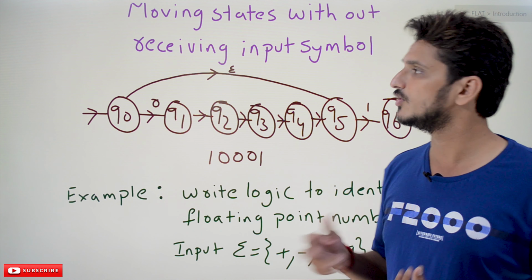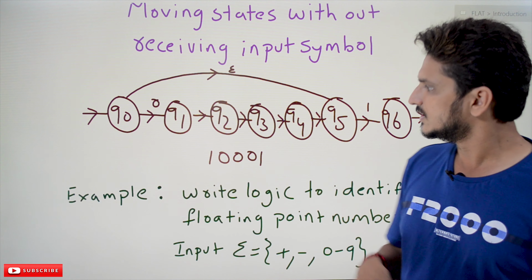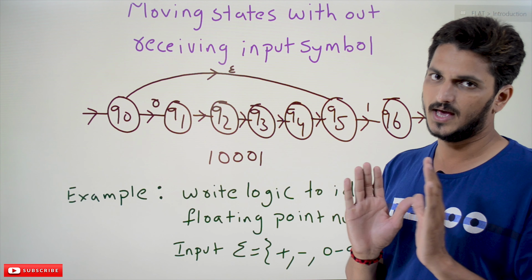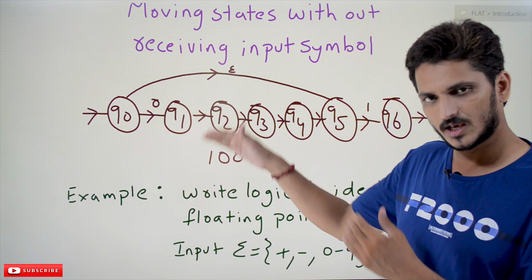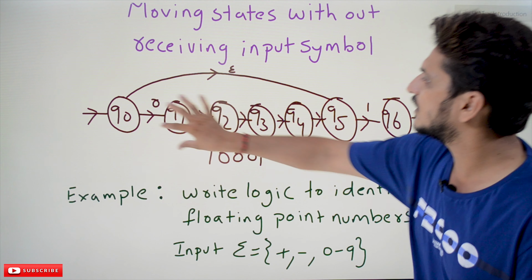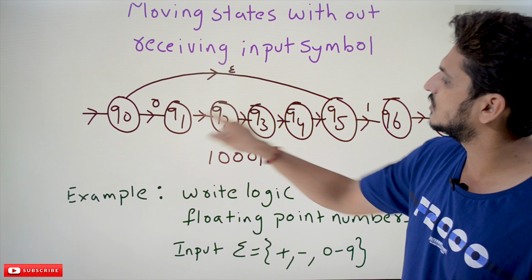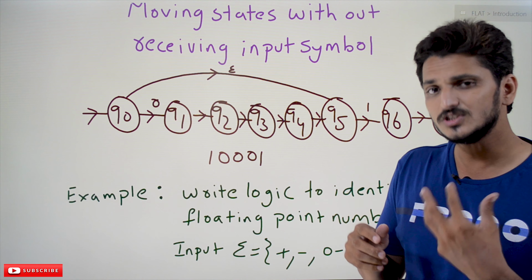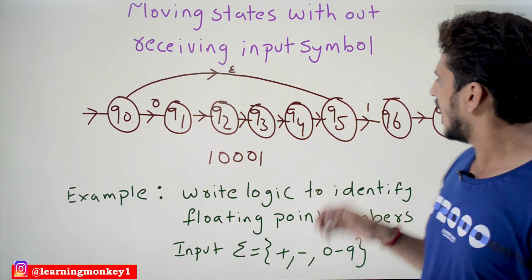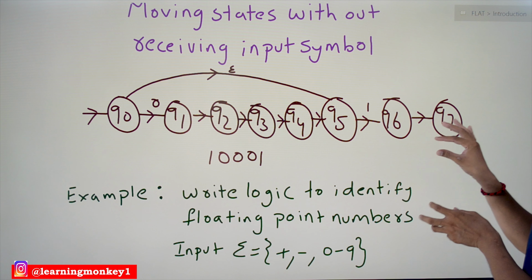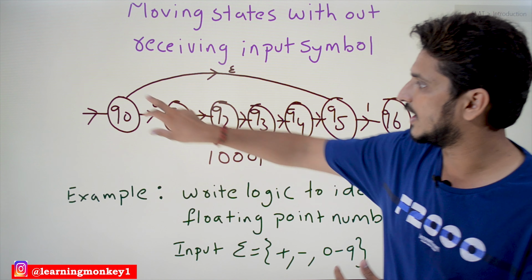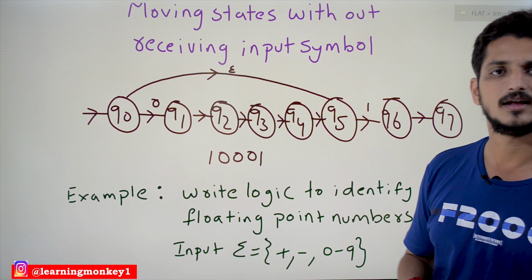What benefit do we get with epsilon moves? Assume, for understanding purposes, that we are explaining in a vague manner; we will explain an example also. Suppose you defined a logic using these five states, Q naught, Q1, Q2, Q3, Q4, and you defined another logic here, by taking the input symbol, we are going to check our logic here and here.